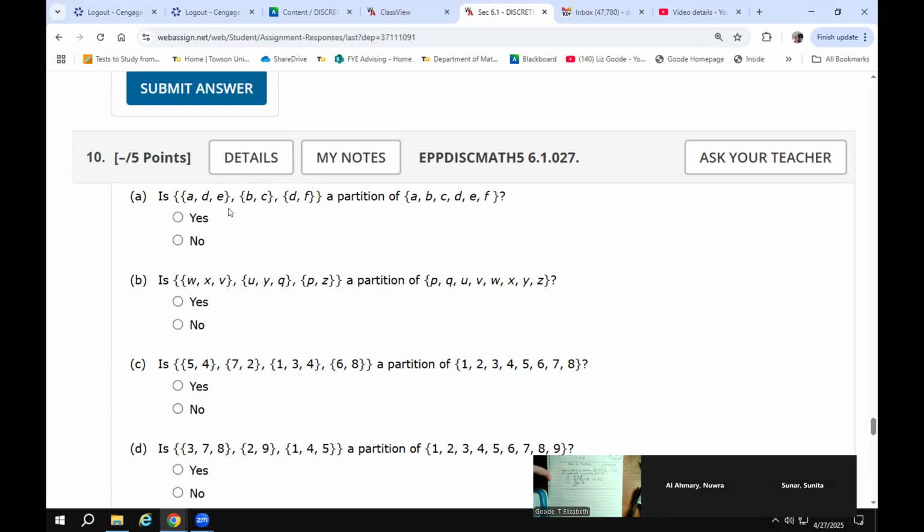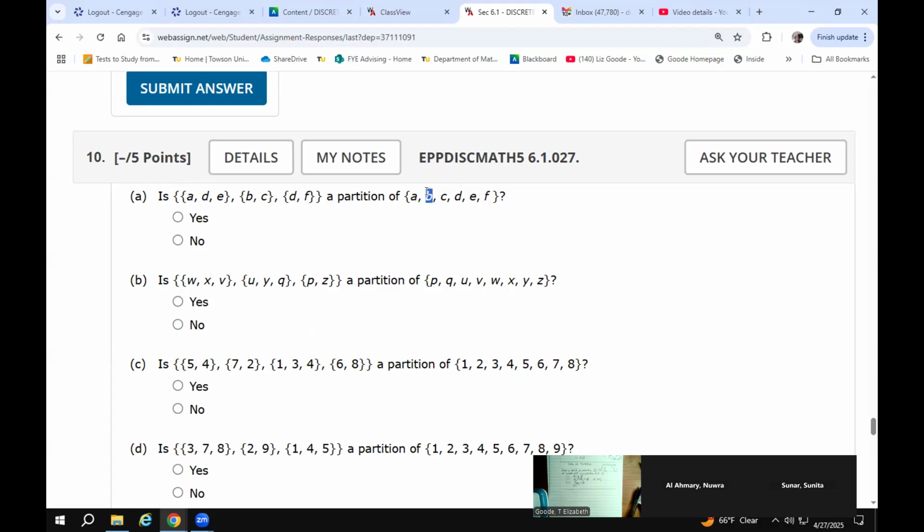Yes. All right. But the more intuitive way to think about this, and this is a good problem to help us think intuitively, is as we look at this collection of subsets of this set, what we're really going to be doing is this. Each element of the big set, the set we would call big A, so little a, b, c, d, e, and f, has to appear in exactly one of these partitioning sets.